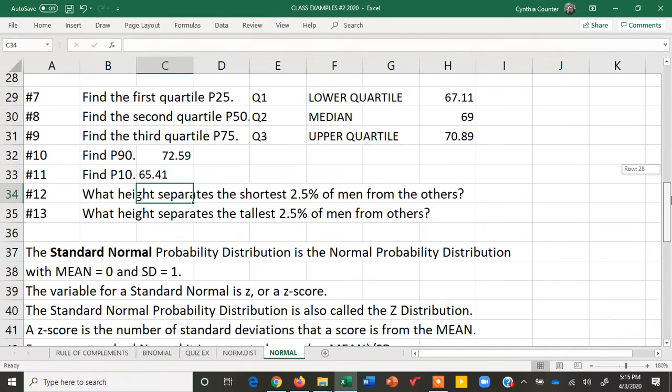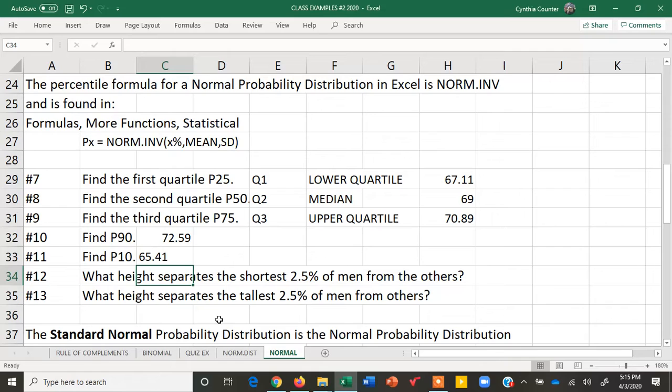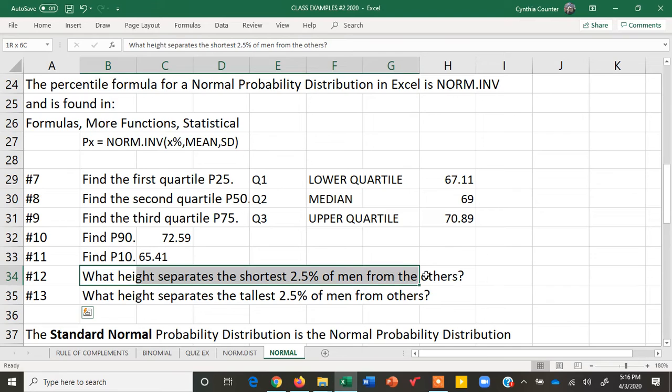Now, not all questions that require a percentile computation will actually say the words percentile, quartile, or have P25 or Q3 or Q1. We might see them, as we do in numbers 12 and 13 here, as different kinds of questions. What height separates the shortest 2.5% of men from the others?